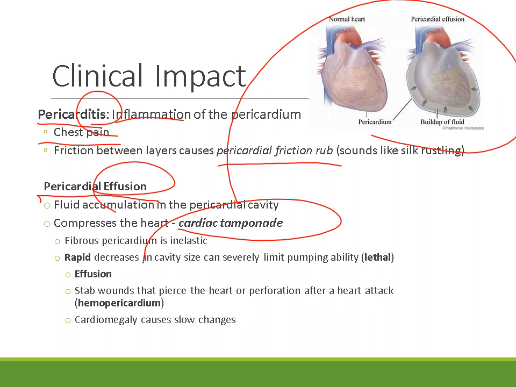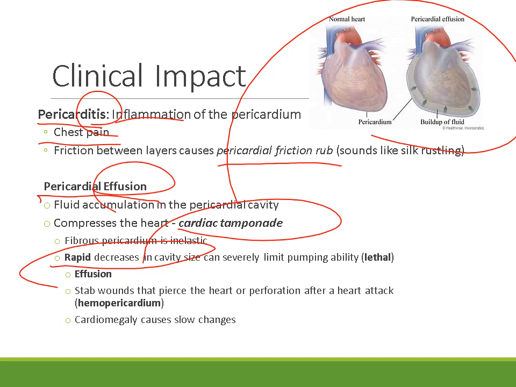Again, because the fibrous pericardium is inelastic, anything that rapidly accumulates in that cavity will create pressure on the heart, which again can severely limit pumping ability and can ultimately be lethal if it's not treated. Again, this decrease in pumping efficiency occurs anytime that there is a rapid decrease in cavity size.